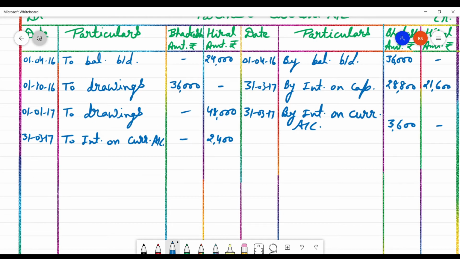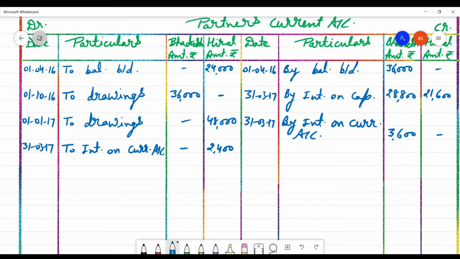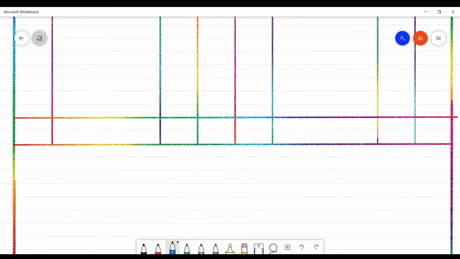So Bhadresh makes the drawings as on 1/10/2016, and Hiral makes the drawings on 1/1/2017. So we have to make the calculation.